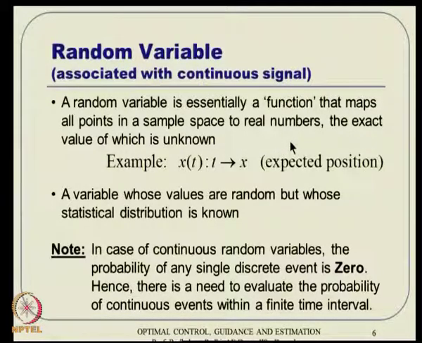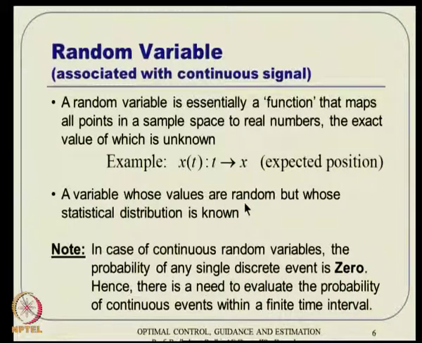So, for example, if you think about x of t, given a t, there is a value, but the exact numerical value is uncertain. It is not known really. So, that is called a random variable. In other words, a variable whose values are random, but whose statistical distribution is known.